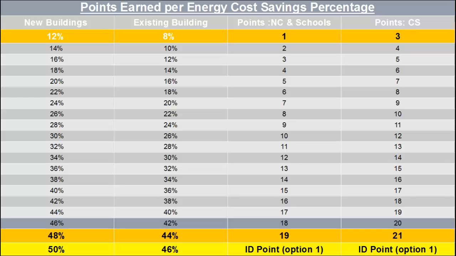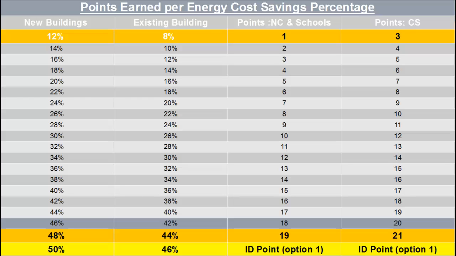For new buildings, you start earning points at 12% more efficient than that ASHRAE 90.1 baseline. And then for every 2% more efficient, one more point is earned until you get up to 48% more efficient than the baseline. You earn the full 19 points, or there's an exemplary point available if 50% energy reduction over annual costs is achieved.